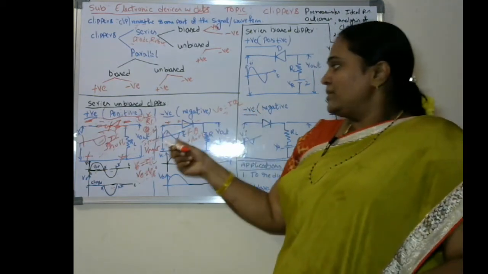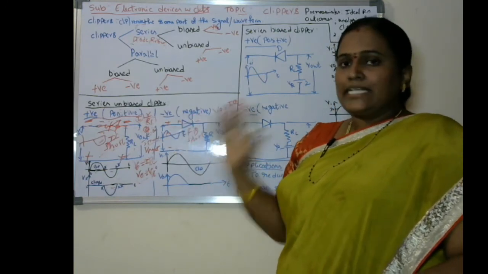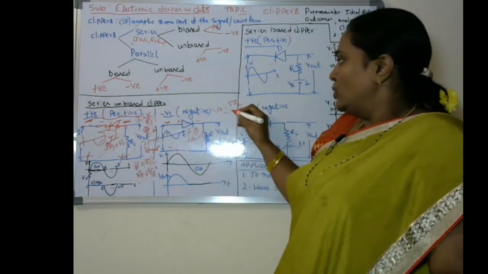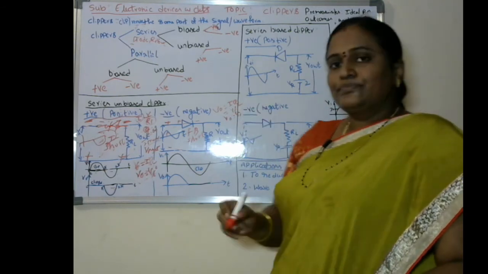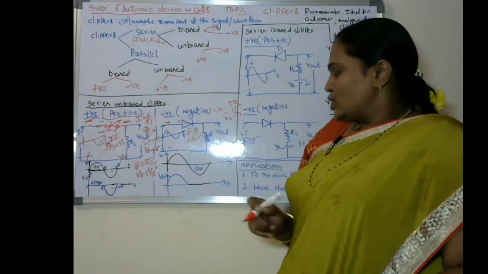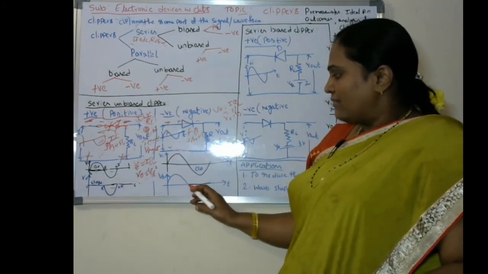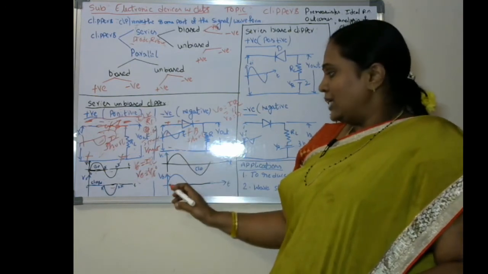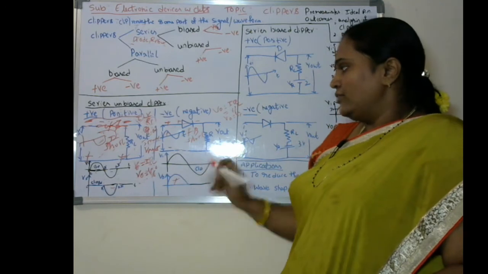So what's the maximum we can get from the input side? The input only, we can get the maximum amount of voltage. So V naught will be equal to Vi. So for the positive cycle, whatever amount of input we have given, we are going to get across the output. So whatever positive we have given, we got it.